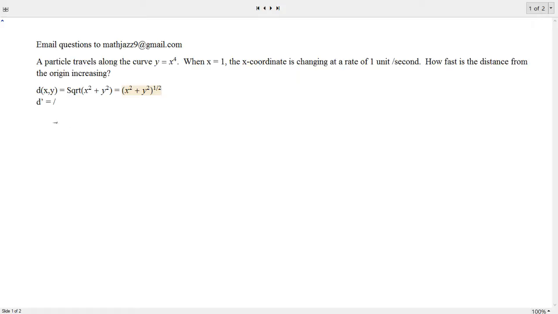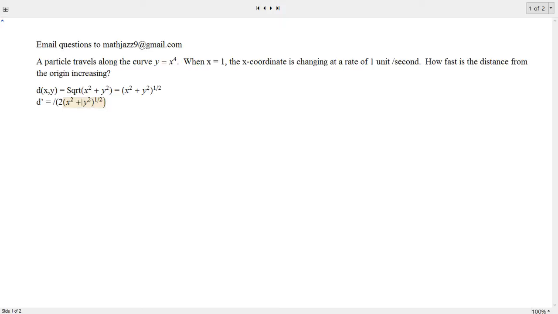So we use the power rule and the chain rule to get that this will be 2 times the square root of x squared plus y squared in the denominator, because our outside function is x to the 1/2 and our inside function is x squared plus y squared.